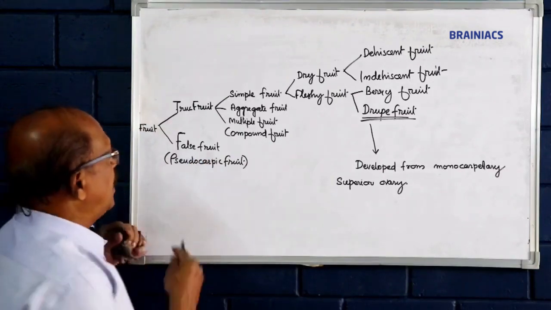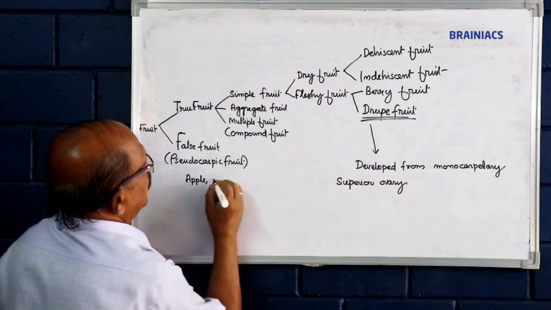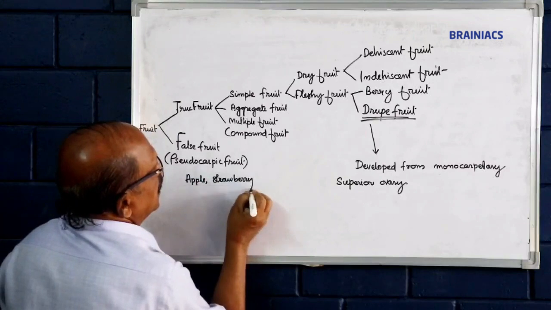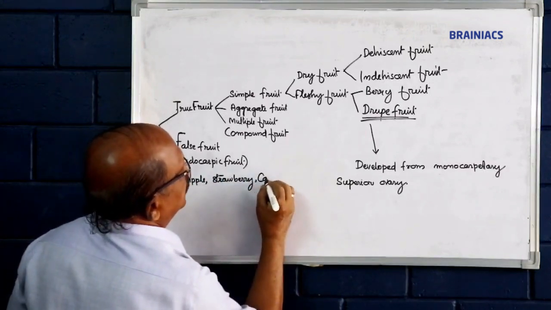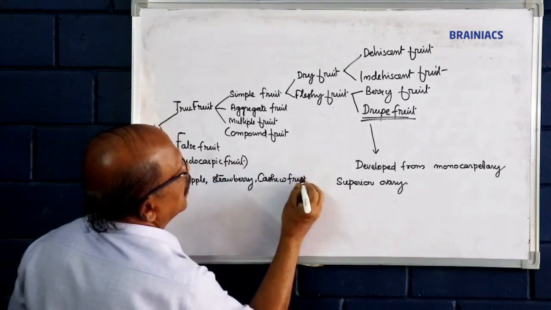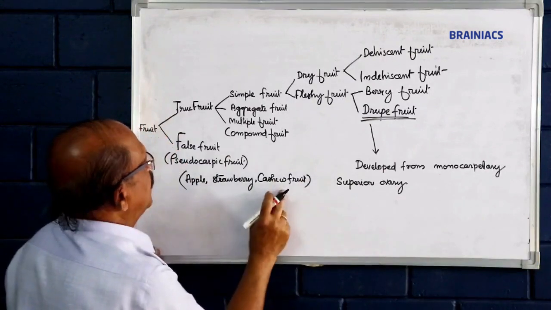Say for example, apple, strawberry, then cashew fruits.